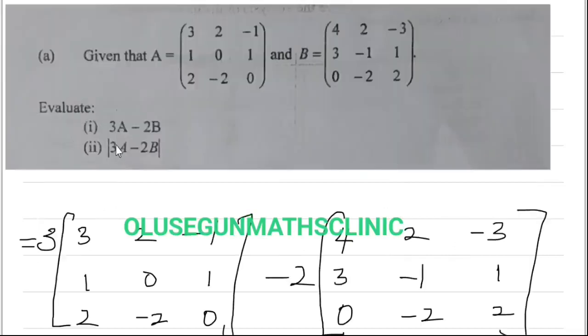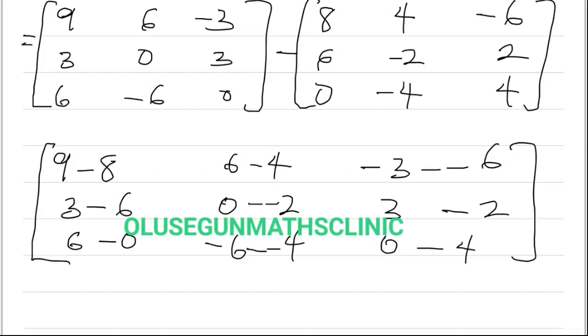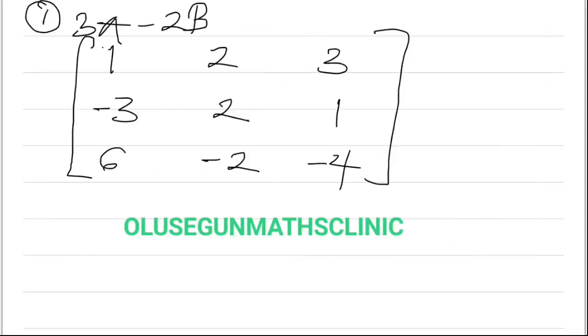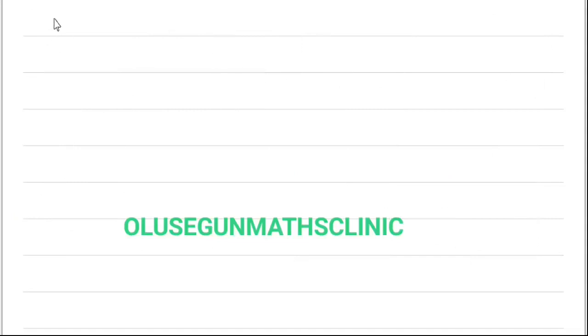It said evaluate 3a minus 2b, but these modulus notations, these two lines, mean the determinant of 3a minus 2b. So meaning that we are going to find the determinant of our answer. So how do we find the determinant of this value?